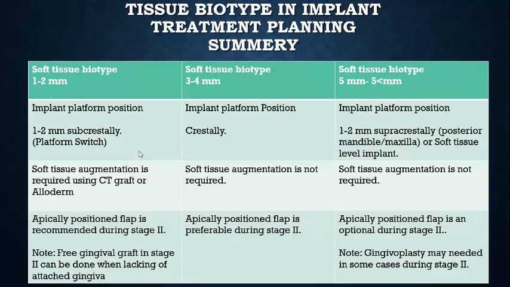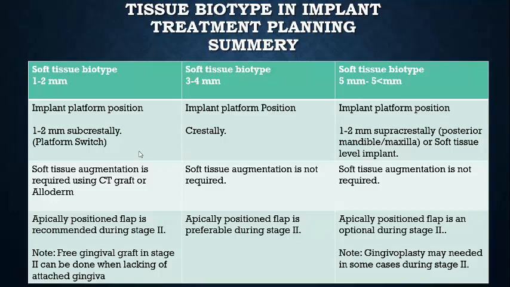When we have a soft tissue biotype of 5 mm or more, like in the posterior maxilla usually, we can put our implant 1 to 2 mm supracrestally and use soft tissue level implants. When we do stage 2, an apical positioned flap is not required, it's optional. And when we place our implant, soft tissue augmentation is not required either. However, gingivoplasty may be needed in some cases during stage 2.